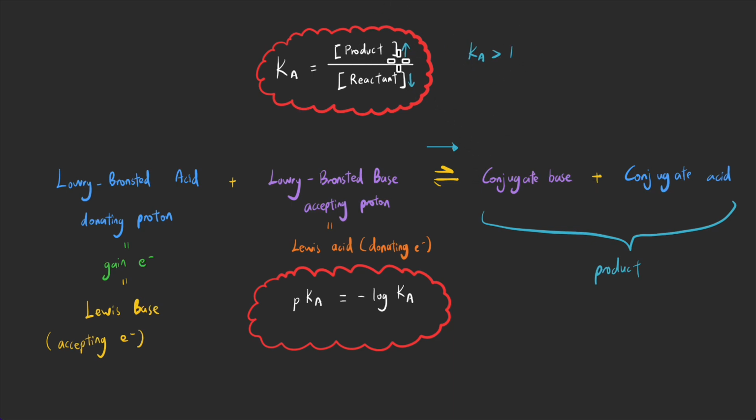So that means you have to form more product in order to get a Ka greater than 1. If we interpret it reversely, if the Ka is greater than 1, more product will be formed, and therefore the reaction will shift to the right side. On the other hand, if the Ka is smaller than 1, that means the concentration of product must be lower, and the concentration of reactant must be greater, and hence the reaction pathway will shift to the left.